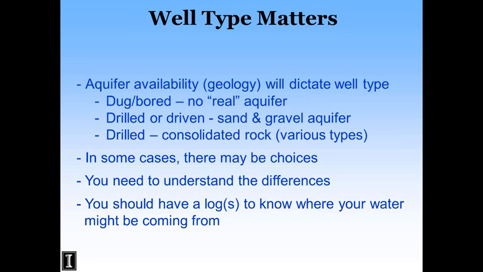We did discuss what to do about that in the first lesson: you need to contact your state agency that might have that log. And if it turns out you don't have a log, the best thing to do is contact a local driller and have them try to find out your depth and some of those things so that you at least know where your water is coming from.